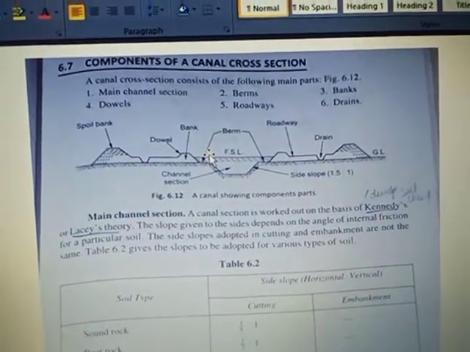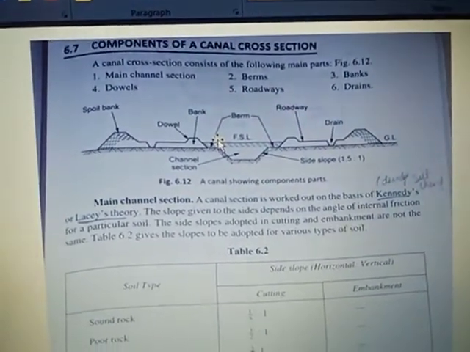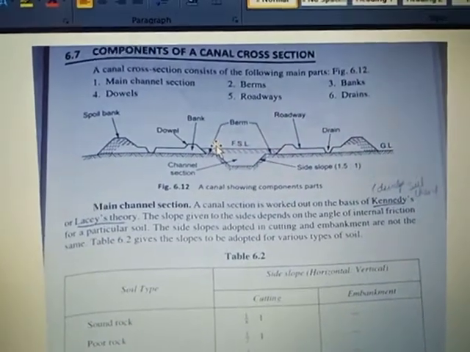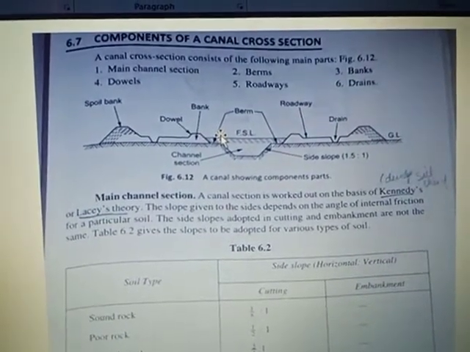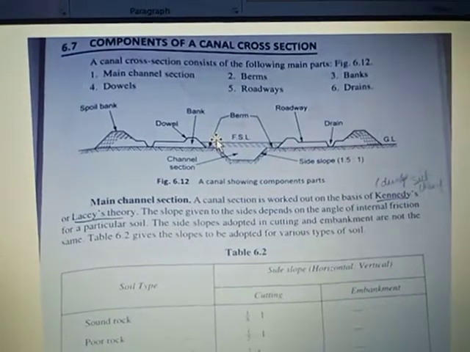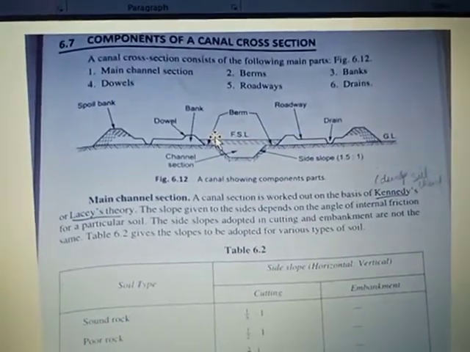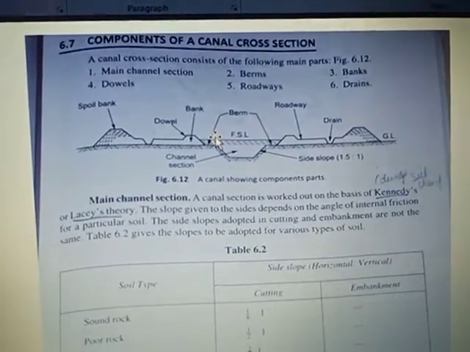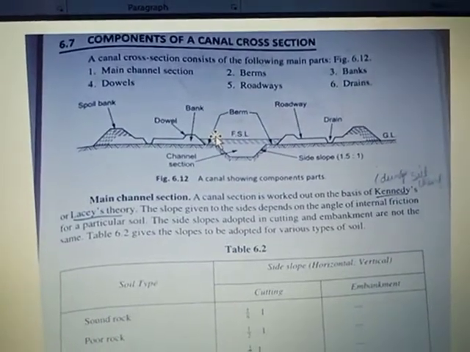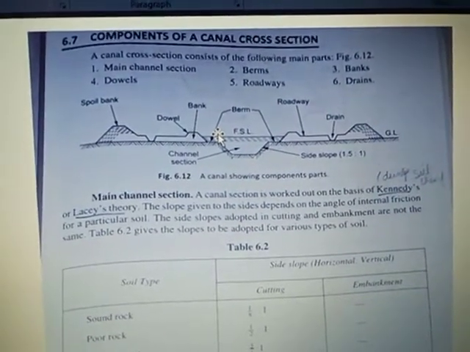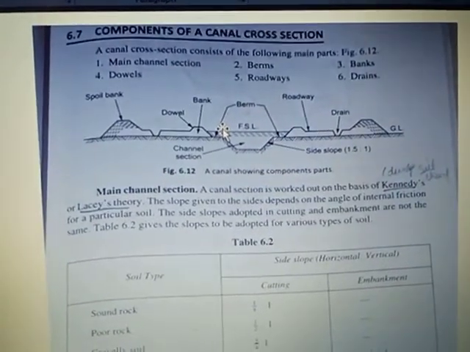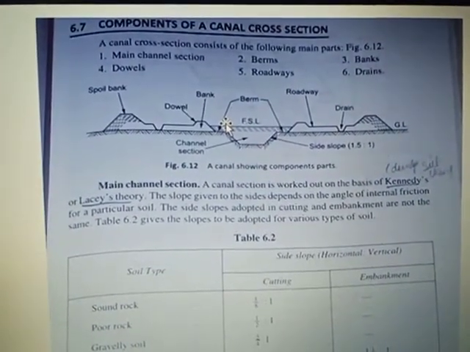The main objective is that it helps to check the seepage of the water. It should not be pervious, but impervious, so it should not seep through the soil. That's why these berms are provided, and they also serve as a path for inspection.